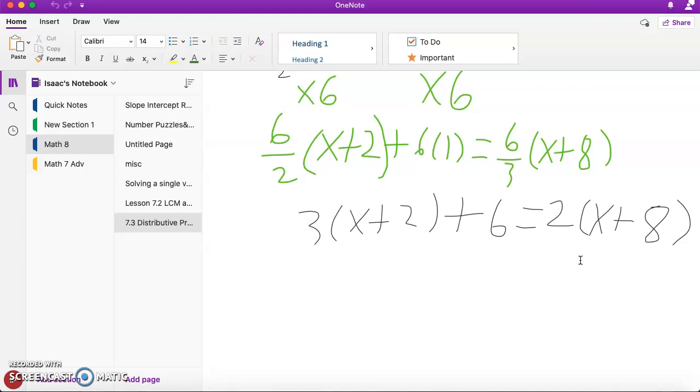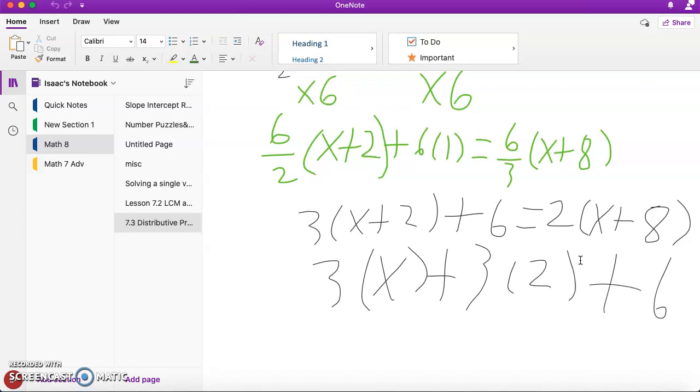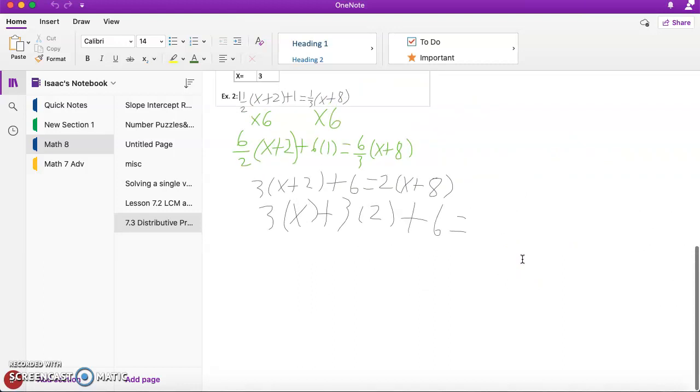So now 3 times the quantity of x plus 2 distributes into 3 times x plus 3 times 2. I've still got that plus 6, equals 2 times the quantity of x plus 8, which distributes to 2 times x plus 2 times 8.